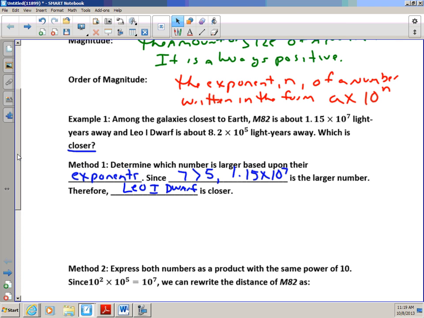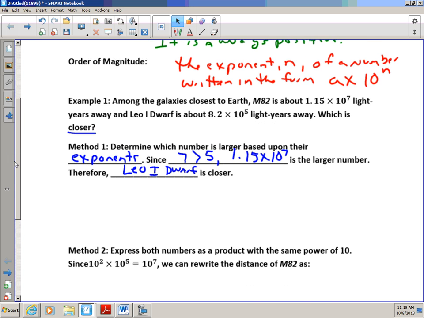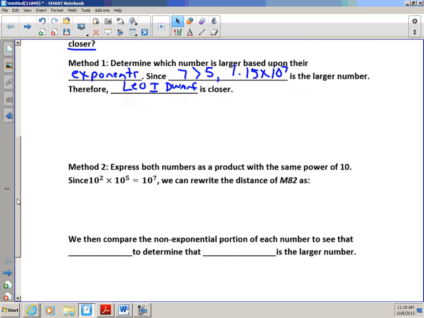Okay? So one way to figure out the magnitude of two numbers, or the order of magnitude, is to simply compare what their exponents are. Now, another way that we can do this is to convert them both with the same power of 10. Going back to our example, M82 was 1.15 times 10 to the 7th, while Leo 1 dwarf was 8.2 times 10 to the 5th.